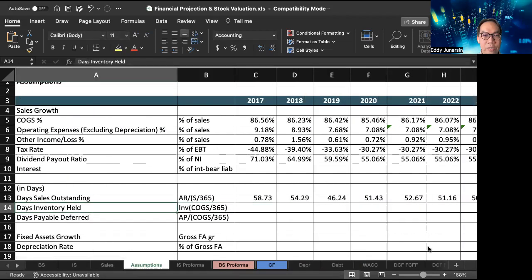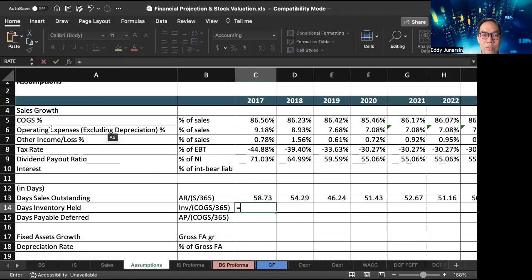Days inventory held. This is about inventory. Projecting the inventories using the days inventory held as the cost driver. So inventories divided by daily cost of goods sold.